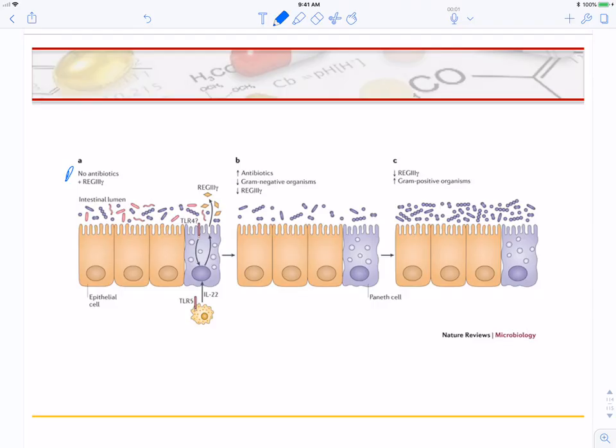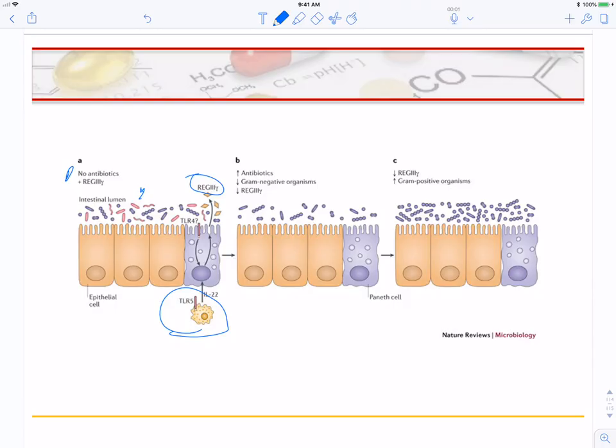And here we have the gram-negative in pink and the gram-positive in purple. And those organisms are also kept in check by secretion of this lectin called Reg3 gamma, which binds to bacteria and again facilitates the involvement of the immune system to prevent any population from taking over.